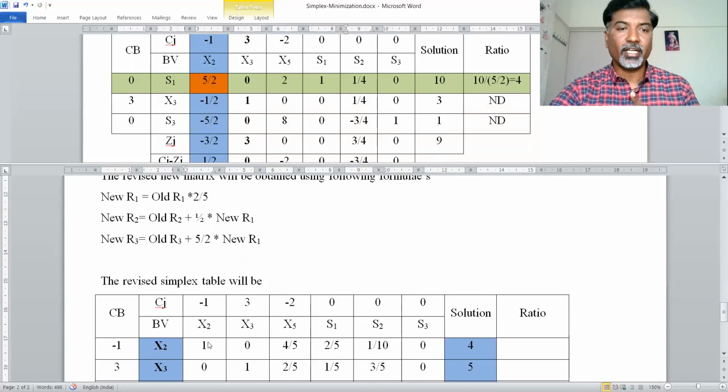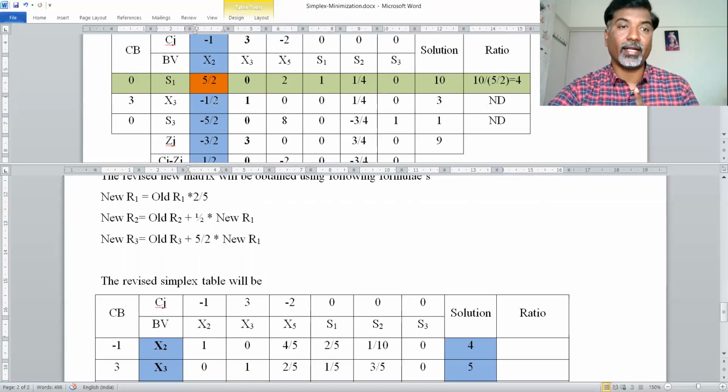Getting it? So we identified the new R1. First, you have to identify the new R1 with the formula: new R1 is equal to old R1 into 2 by 5. Once you identify this value, what is next? We have to make the corresponding value in the key column 0. So here the new value is 1, the old value is 1 by 2. If you want to make this value 0, what do you have to do?